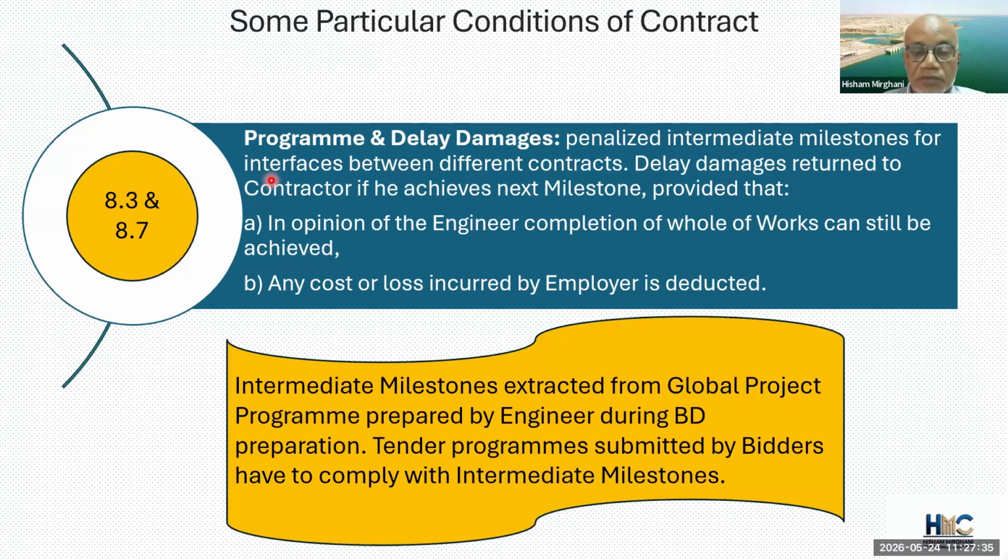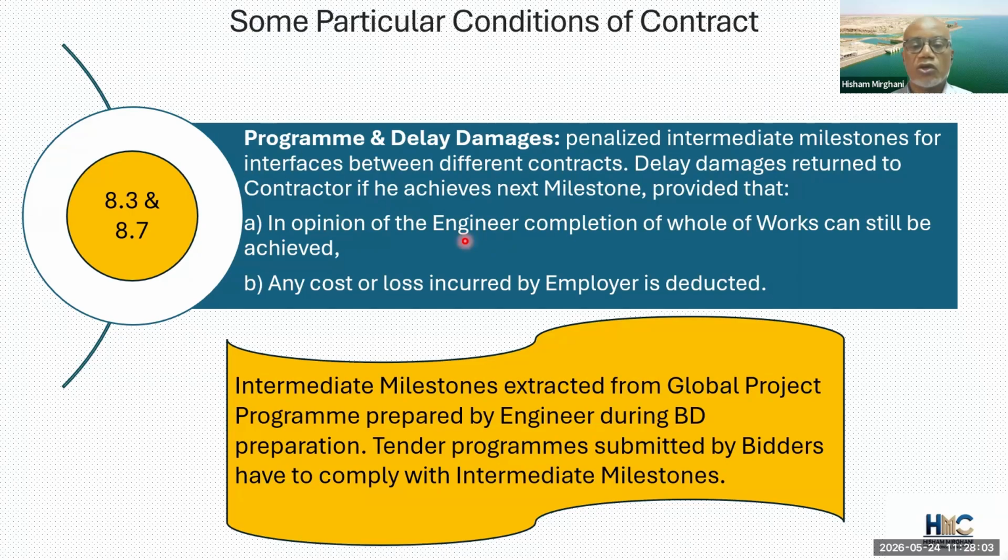Because any delay in these penalized milestones would mean that there would be a cause for claim by the other contractor. However, the clause would state that the delay damages could be returned to the contractor if he achieves the next milestone, provided that two conditions are met. First of all, in the opinion of the engineer, completion of the whole works can still be achieved.